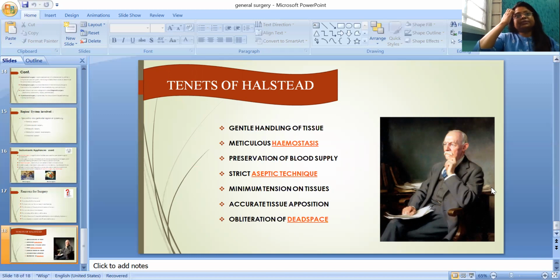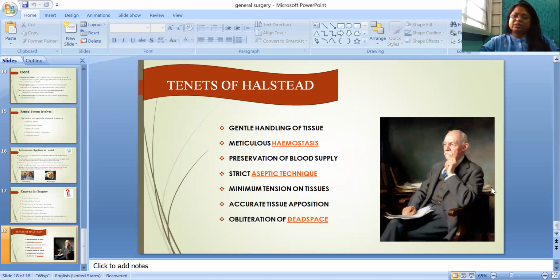Criteria for a good surgeon. Okay, so there are some criteria of a good surgeon, right? First is lady's finger. Lady's finger means soft handling of tissue, and the second one is tiger's heart, right? Tiger's heart means be strong. Then the third one is Solomon's judgment. Solomon's judgment means before performing surgery, your judgment is totally perfect.